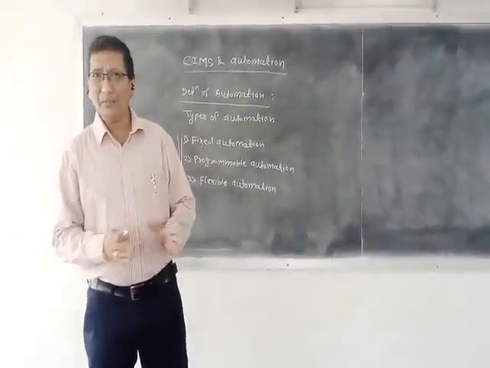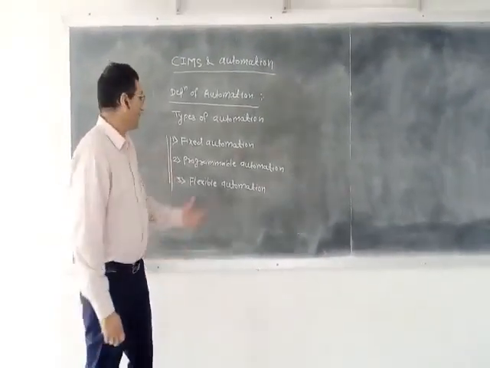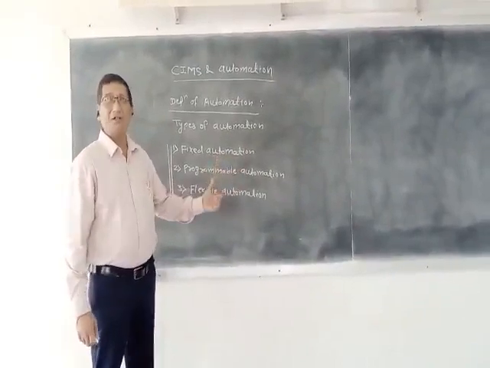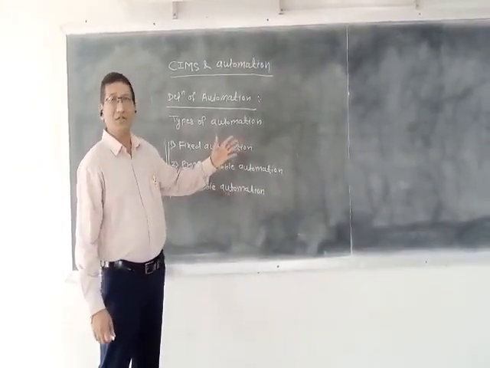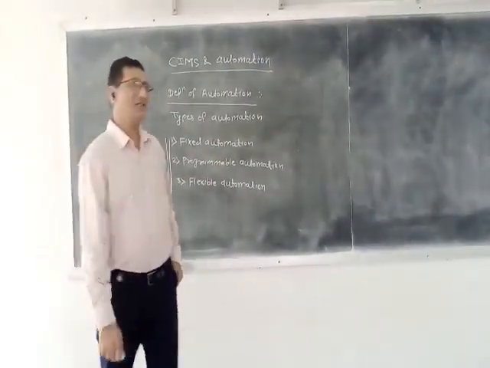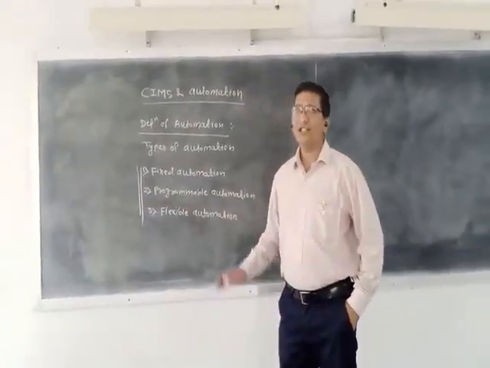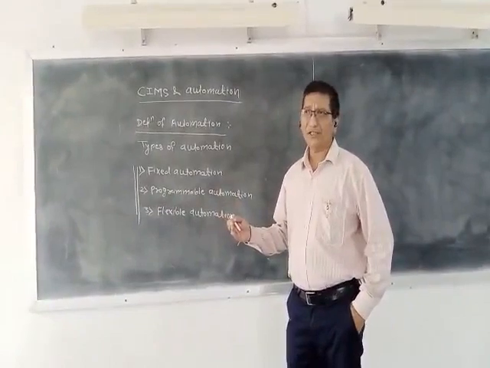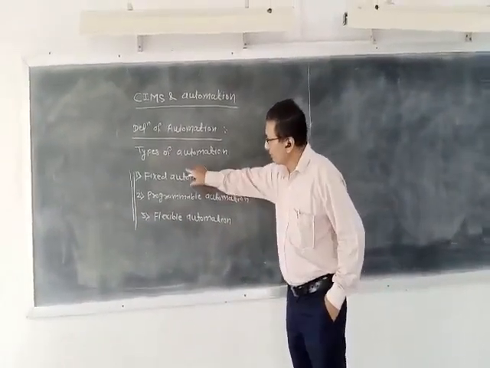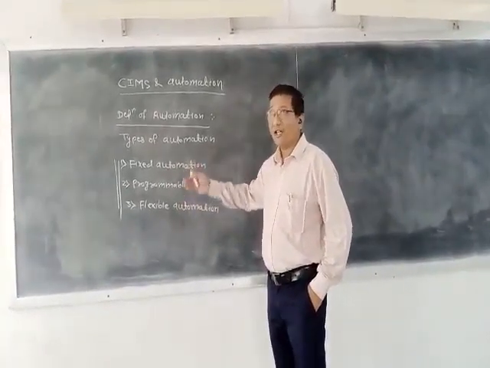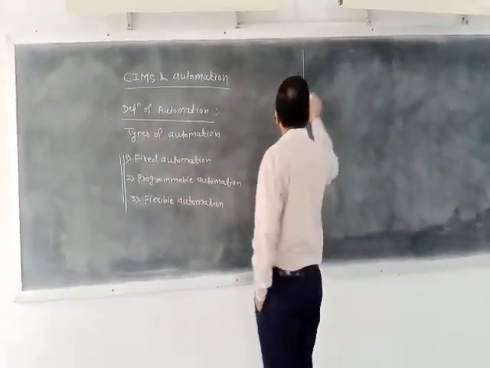Because for any production system, I cannot make use of fixed, programmable and flexible automation all together. That is not possible, because out of these three distinct types, any one type can be implemented. But to select the proper type of automation, first you have to understand the types of production.